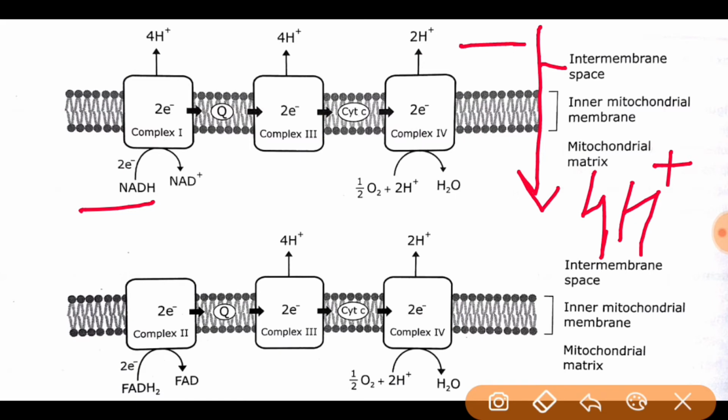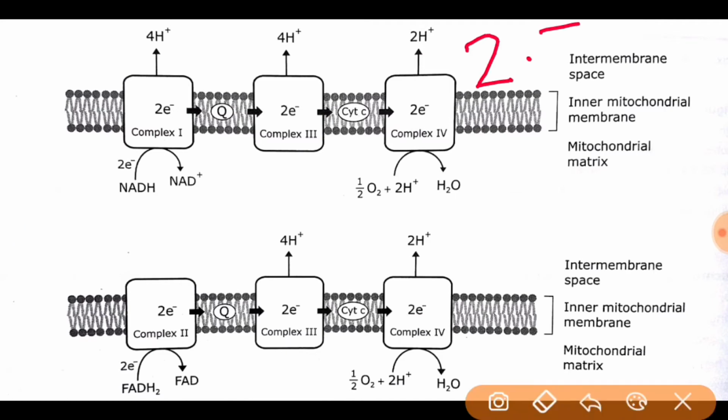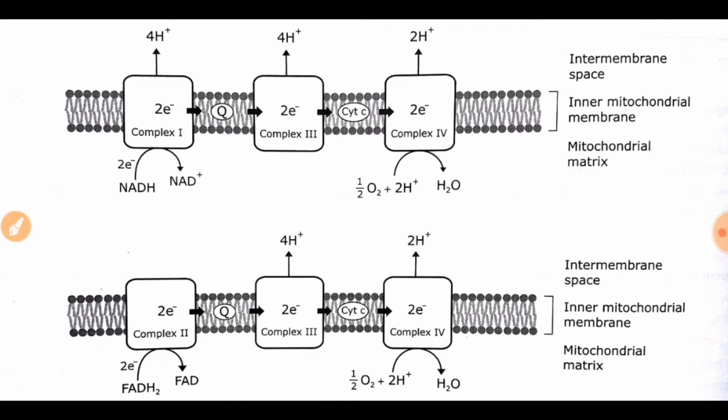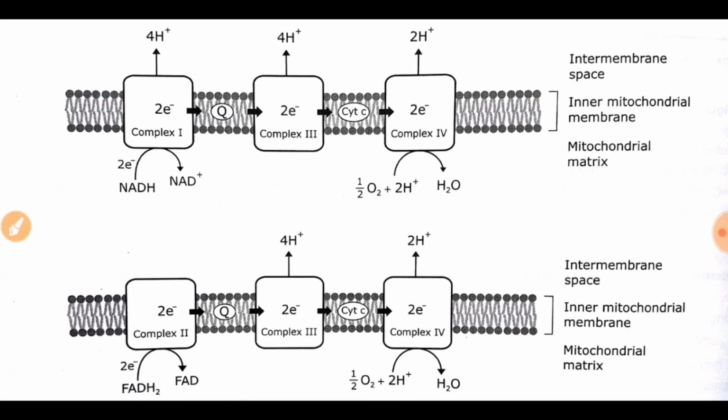So on the pumping of 4 protons it will form 1 ATP. That's why for the pumping of 10 protons it will form 2.5 ATP according to the latest and recent concept. So from 1 NADH you will have the gain of 2.5 ATP.